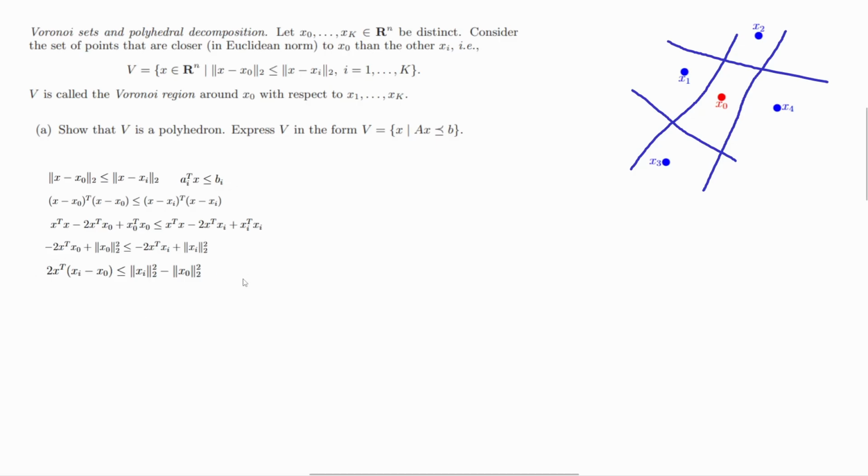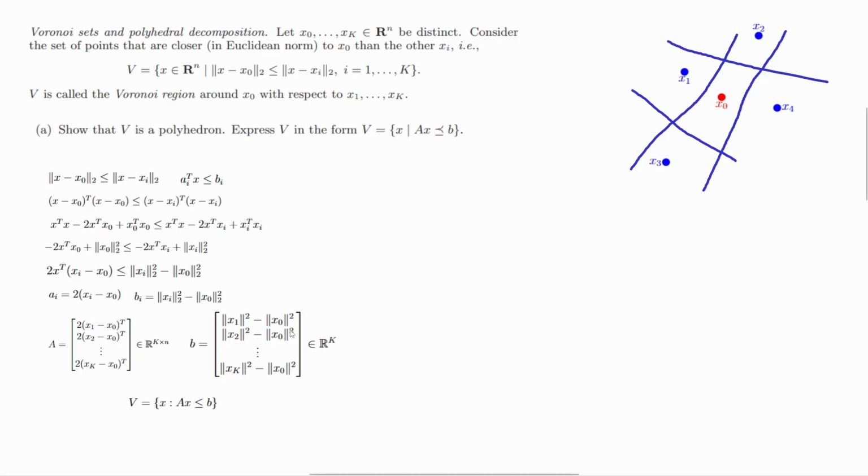Okay, and then notice this form here. This actually resembles the form that we wanted to get to. We have ai transpose x, where in this case ai is 2 times (xi minus x0), and we have bi, which is this value here. And so this inequality represents a half space.